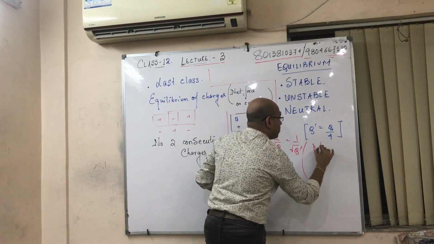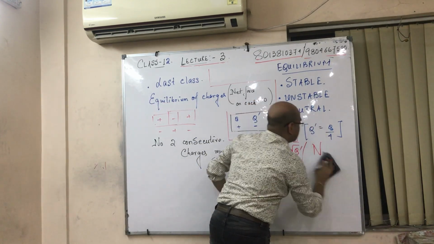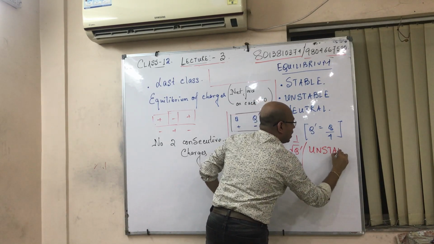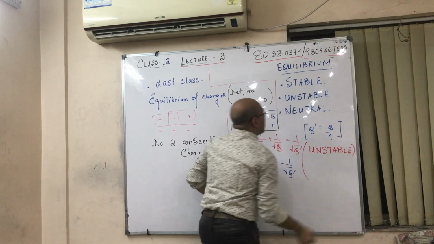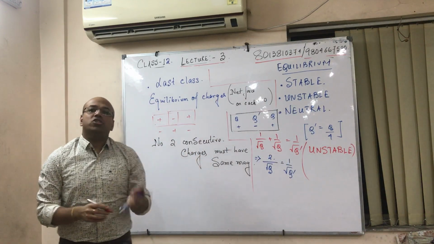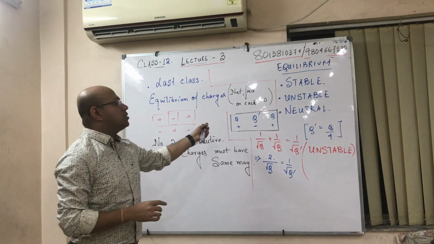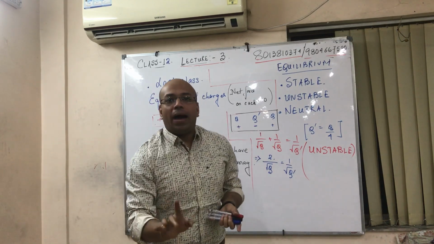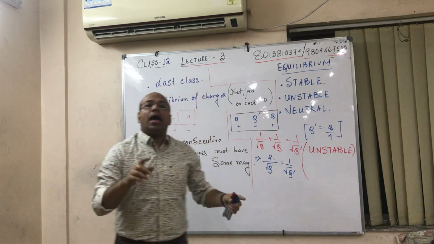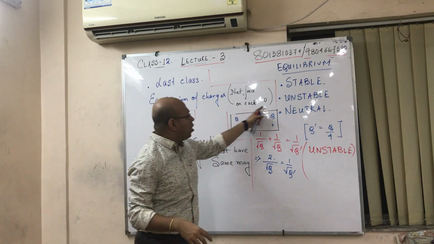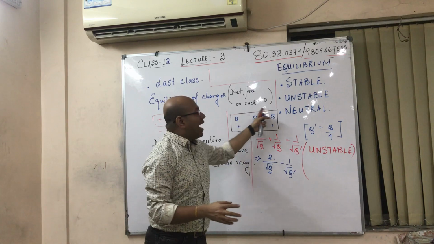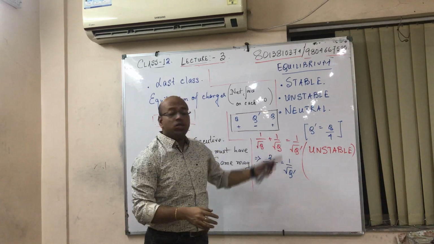So this equilibrium is unstable equilibrium. If I displace any of the charges from either position, they won't return to their own position, and they will also dismantle the position of other charges.